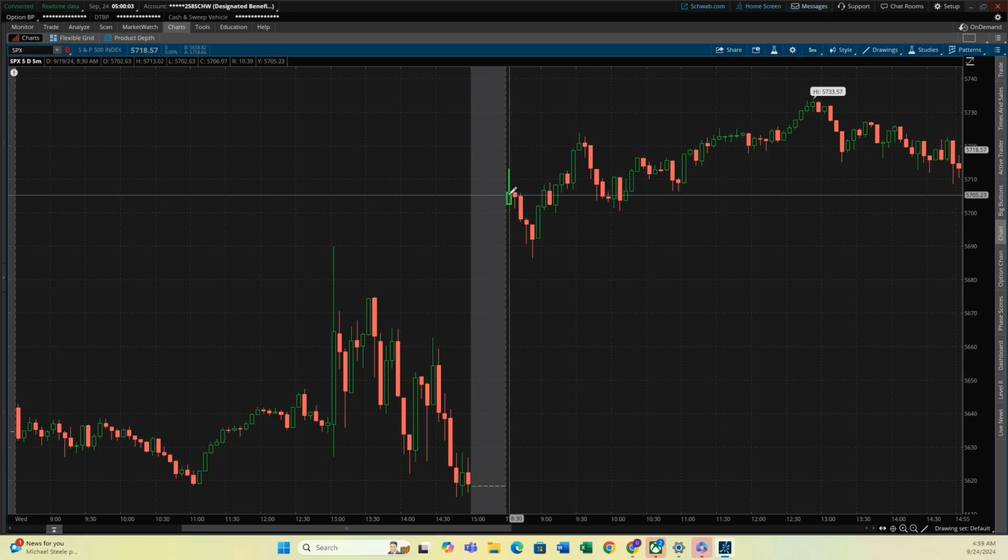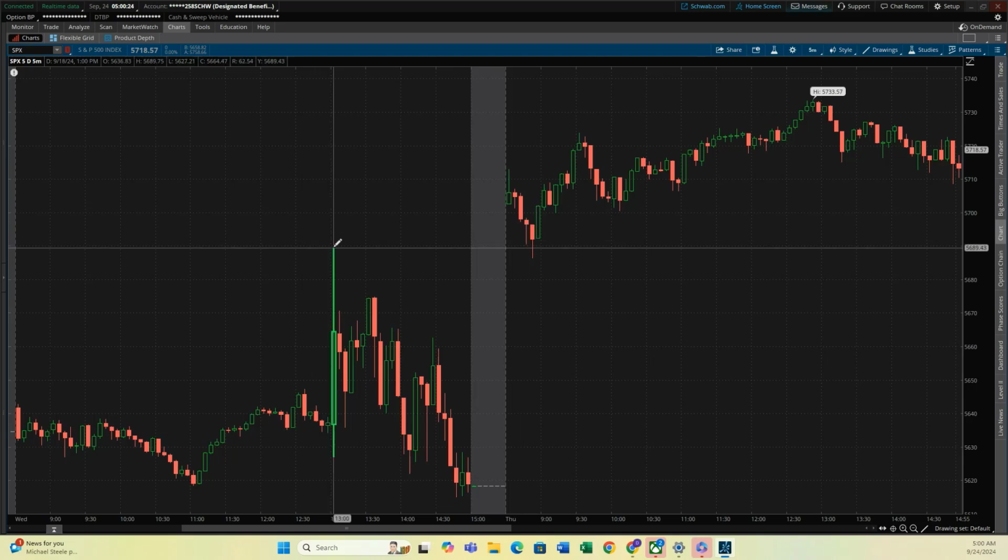So there's the gap up on the 19th, and then a lot of times once you take out some resistance, it's helpful to see what the response is afterwards. So in this case, you can see a little bit of a fade, and it's fading to the high of the previous day.